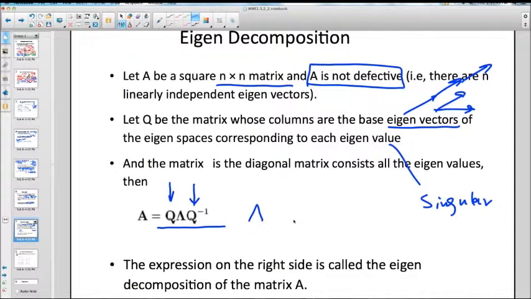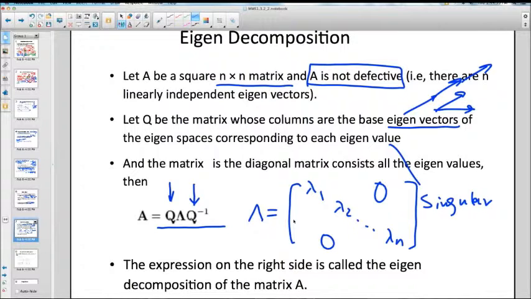The middle, capital letter D, is the eigenvalues, as in the MATLAB example before. So any matrix A can be written as Q, the eigenvectors, made of all n of them, D in the middle, and the Q inverse on the right side. So let's see what advantage we can take.